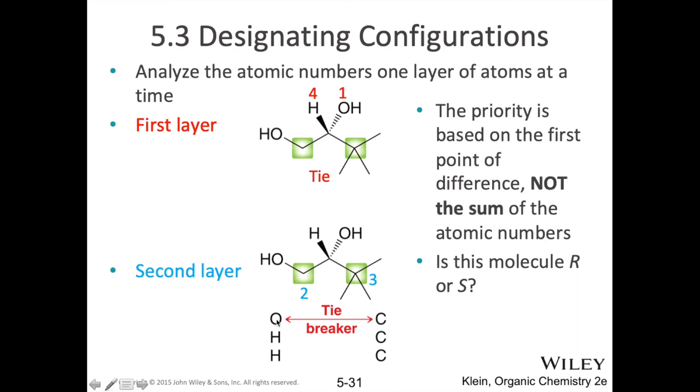A better way to look at this is to rank the attached atoms in order of priority and just go down the line and do a head-to-head battle between what's attached. So here we have three carbons attached. Here we have an oxygen and two hydrogens, which aren't shown. And the oxygen's always going to beat a carbon. So that's why this has a higher priority.